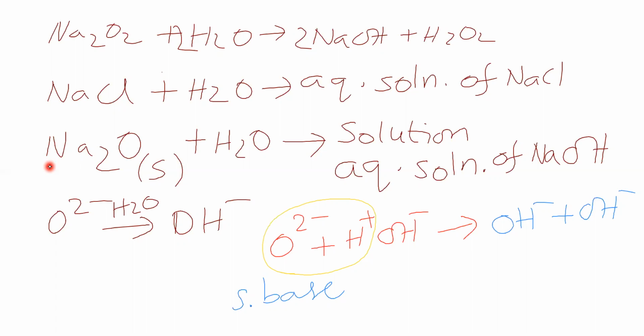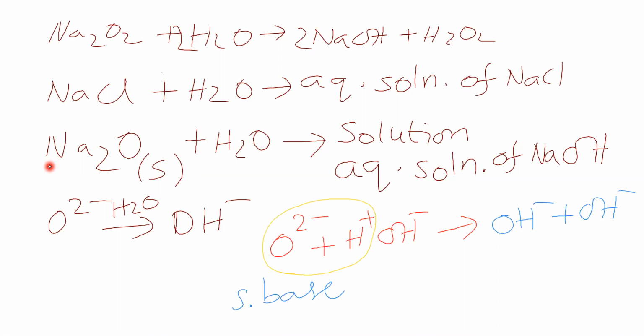Therefore, if the anion is strong, it will undergo complete hydrolysis. If the anion is weak, it will undergo partial hydrolysis. If the anion is very weak, it will not undergo hydrolysis at all.